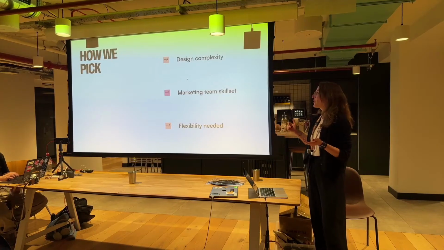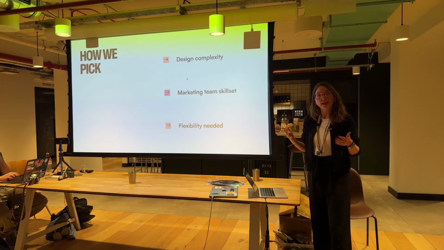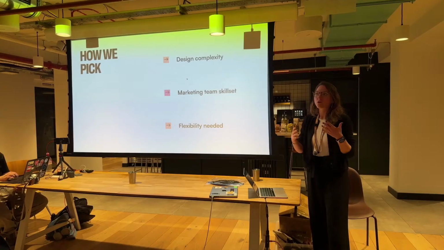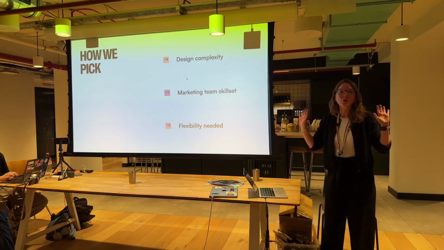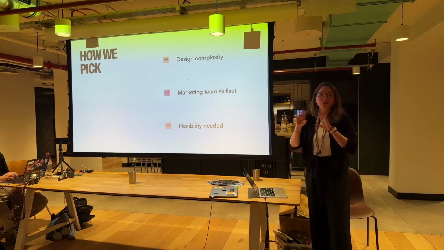But most of all, we look at the marketing or content team's skill set. Are they able to work with the system? Do they want the flexibility of open components, and do they understand the system well enough to work with it? Sometimes it's yes; sometimes they say no, we'd rather have less flexibility but an easier system where we can drag and drop the various sections.